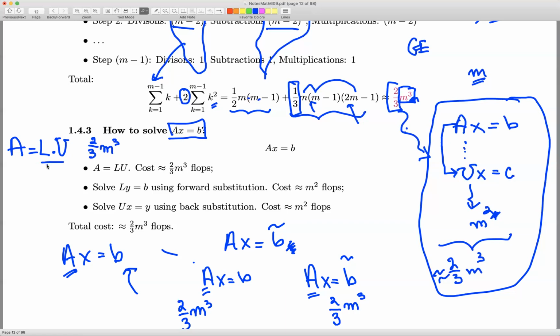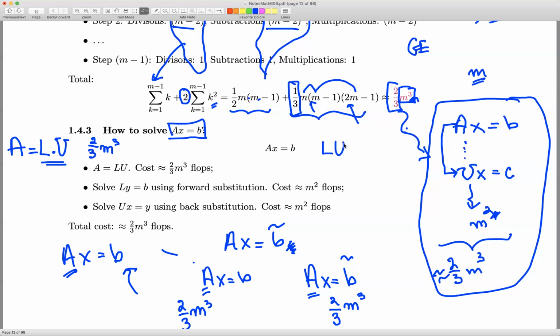This computation will be done only once, and this cost will occur only once.